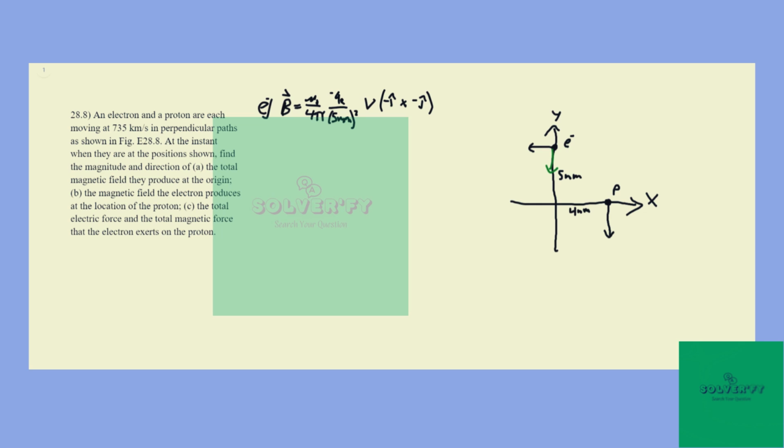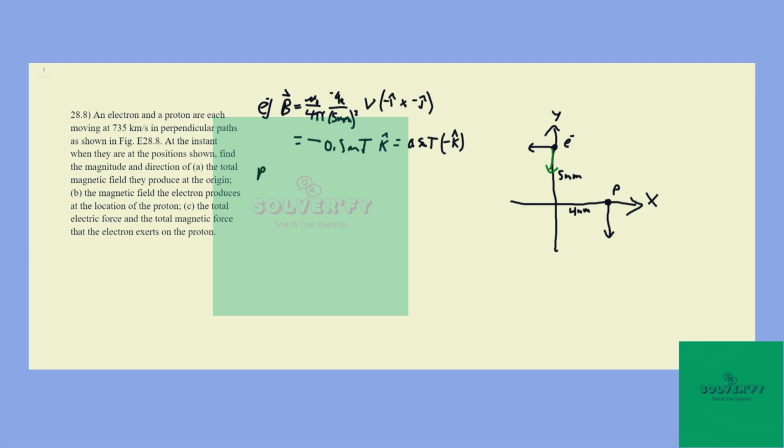And so that's going to come out to a negative 0.5 millitesla. And the negative i hat cross negative j hat comes out to be k hat. So then we can rewrite this as 0.5 millitesla in the negative k hat direction. So at the origin, this produces the magnetic field vector into the page.